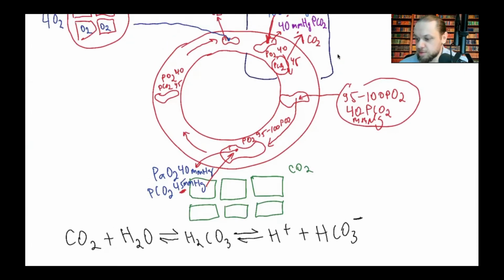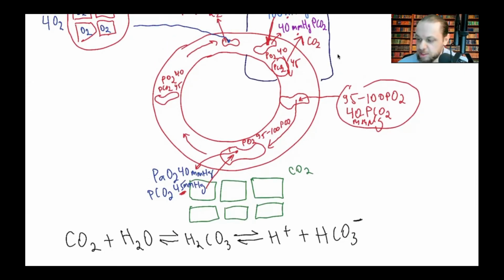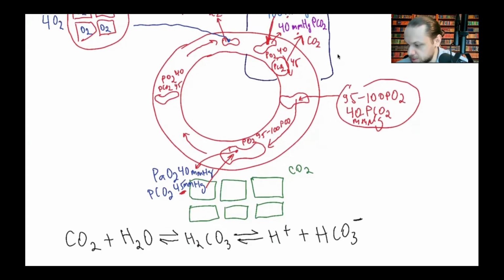So what all this means is that carbon dioxide is going to fuse with water. And water we have in our body. We're 60% water. Then, as this reaction goes forward, it makes carbonic acid, which is this thing here. And carbonic acid further dissociates into protons or hydrogen ions, and your bicarbonate.